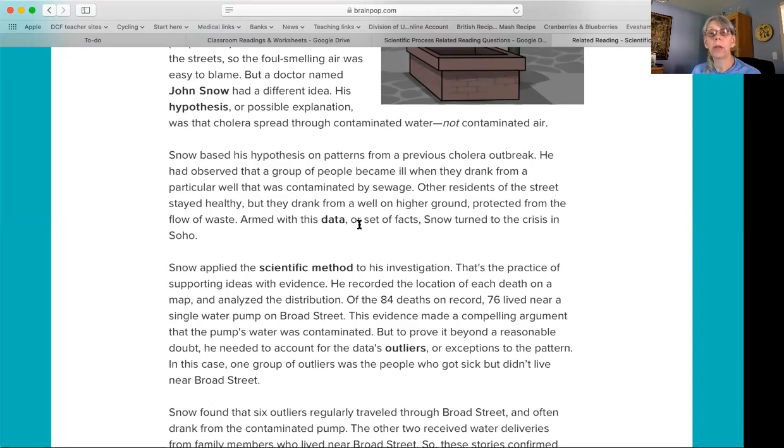Other people on the street stayed healthy, but they got their water from a different well, which was uphill from the other well and was not contaminated by the sewage. So this led him to think sewage was the problem.